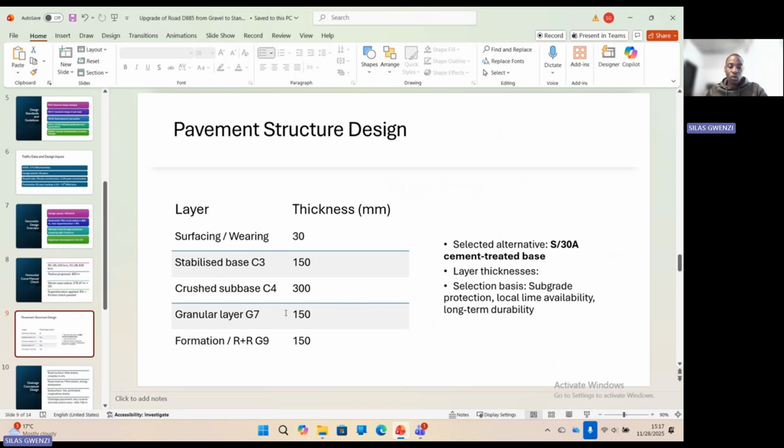The surfacing or wearing course of 30 millimeters, cement treated base C3 of 150 millimeters, crushed stone base C4 of 300 millimeters, granular layer G7 of 150 millimeters, and formation layer compacted G9 of 150 millimeters. This is as shown on my screen.